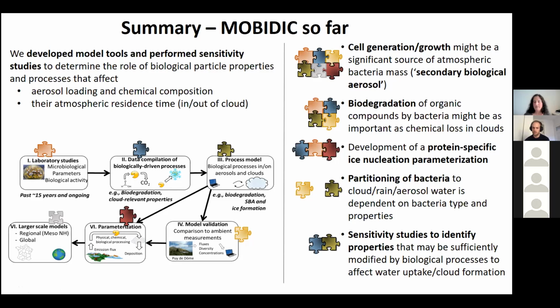And so we have done very extensive sensitivity studies to identify processes and parameters that might affect biological particles enough to get included in clouds or not. So that will give us guidance what other data and what other processes we want to look at to finally get the full picture for this whole suite of processes.